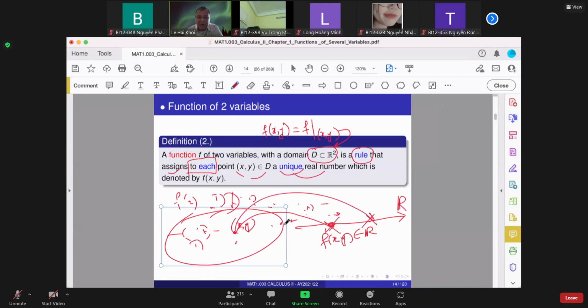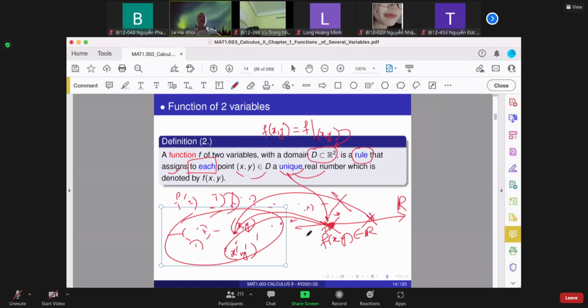Cannot. Because to each x, y, we assign only one unique number, right? You cannot have this the other case. But it can happen that you have another x prime, y prime, and also assign the same value of x and y. No problem.